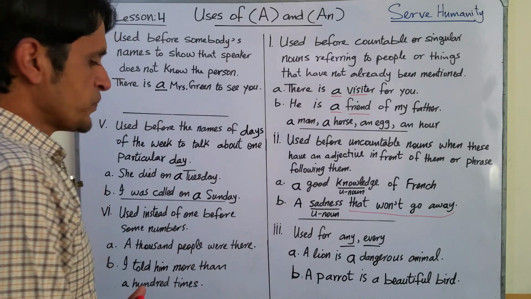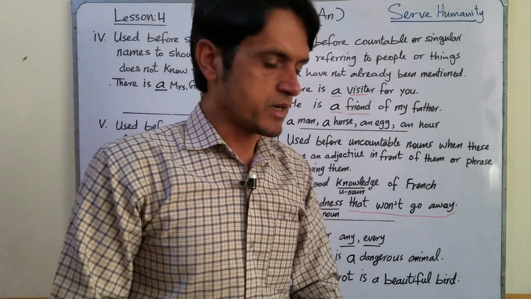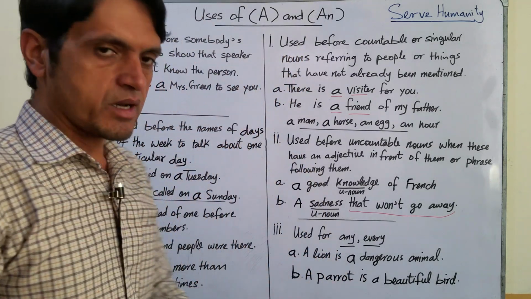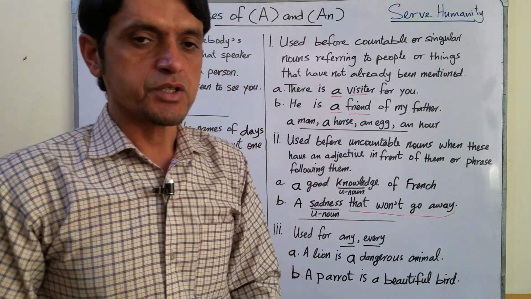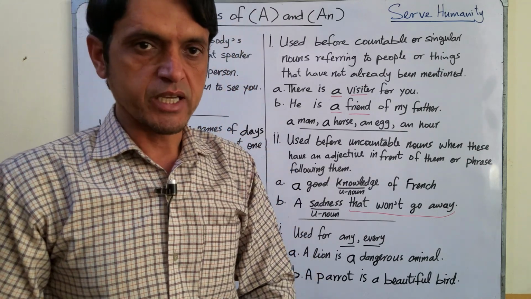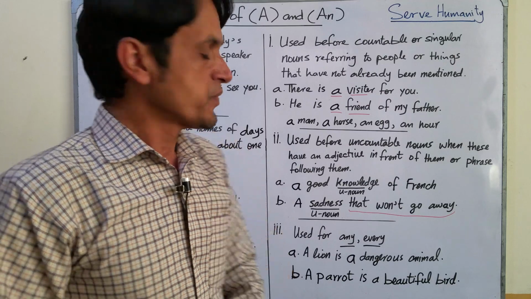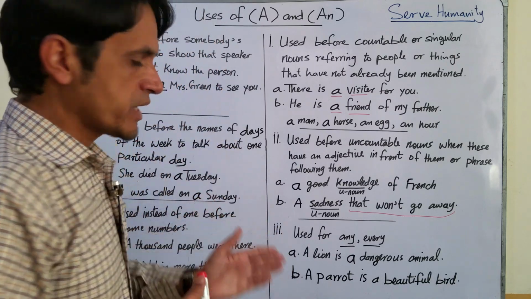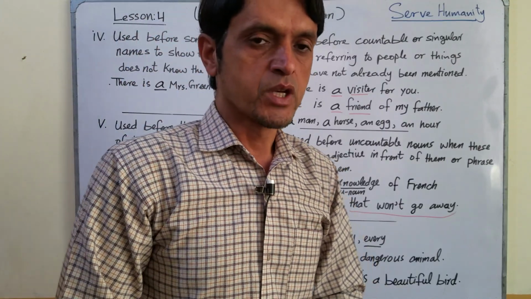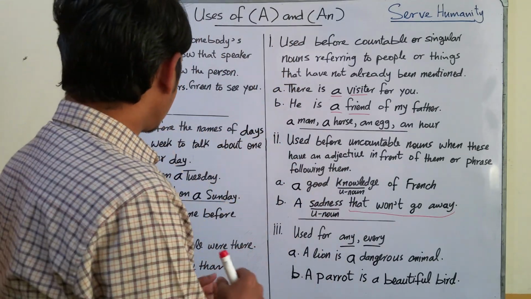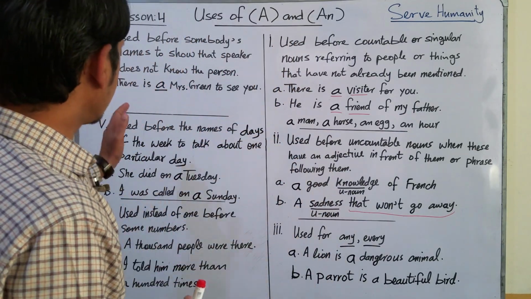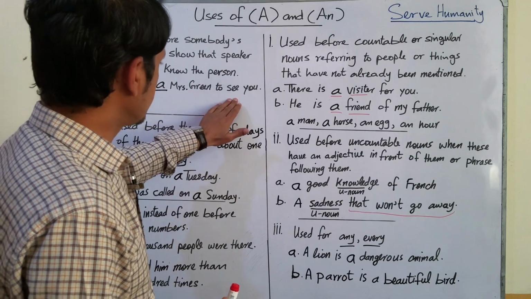For example, if a lady comes to your office and she tells the office boy to tell your boss that Mrs. Green has come to see you, in this case the office boy will say that there is a Mrs. Green to see you.